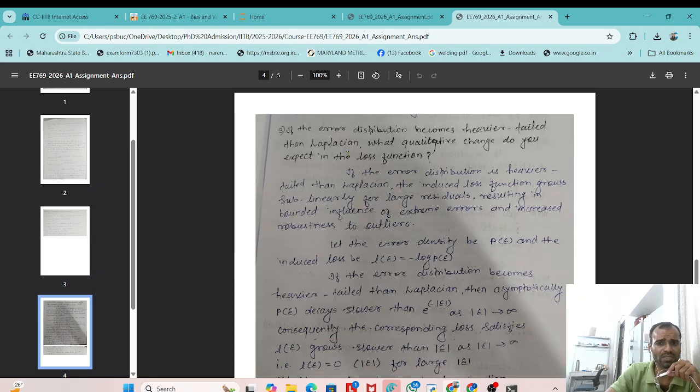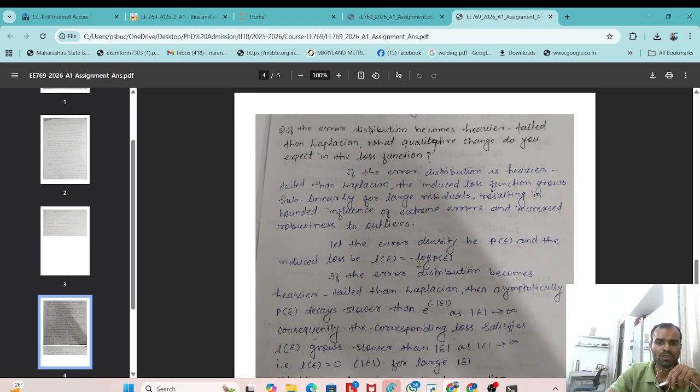Next question is: if the error distribution becomes heavier tailed than Laplacian, what qualitative change do you expect in the loss function? Basically, our loss function, the likelihood function, is equal to the negative log of the probability density function of the error.